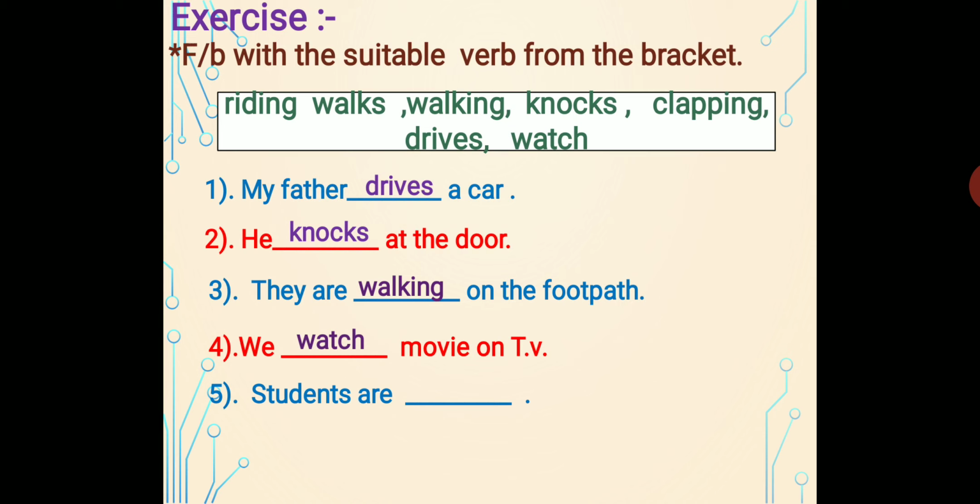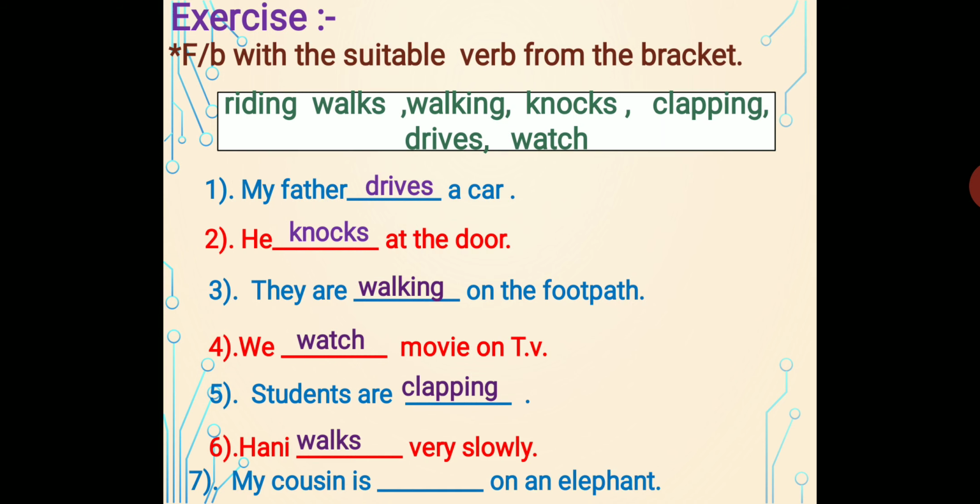Now just think about these three, riding, walks and clapping. Which is the suitable one here? Yes, clapping. Right? Let's move on. The next sentence is honey dash very slowly. Now we have only two verbs in the bracket. Which are they? Riding and walks. Which is the suitable verb? Yes, walks.